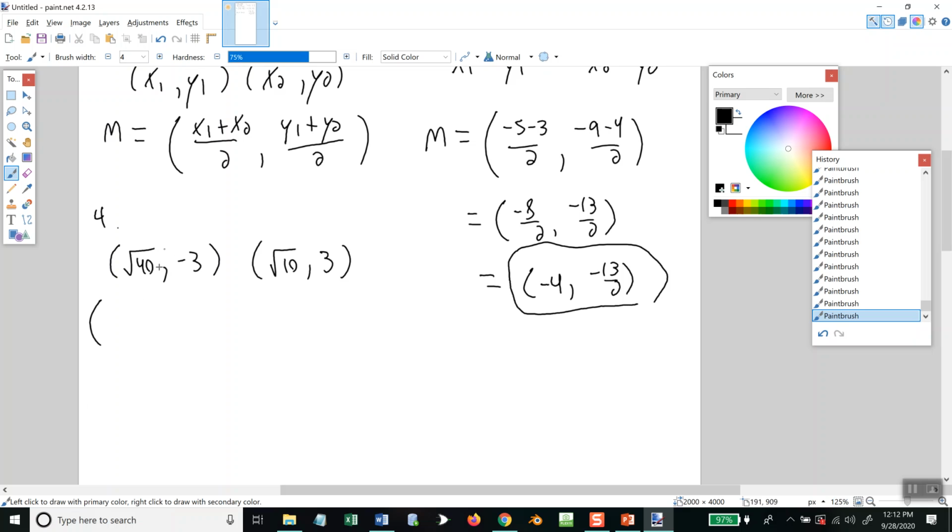Okay, I digress. 40. That's 2, 4, 8 times 5. You always want to simplify radicals before you go on. Here's a pair of 2s, so that's going to come out as a 2. 2 times 5 is 10.